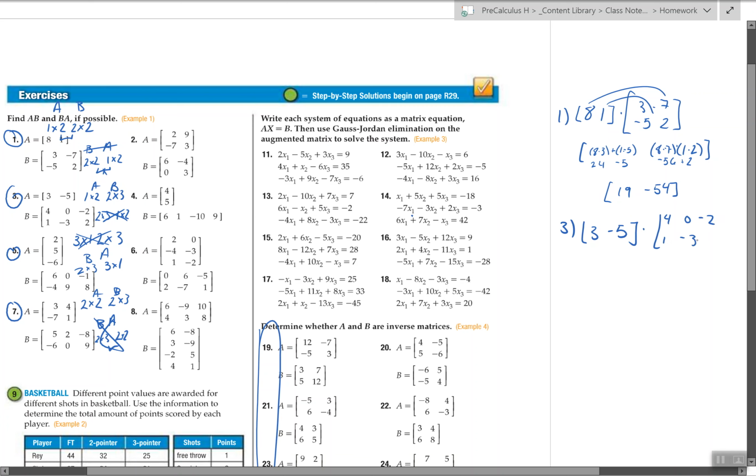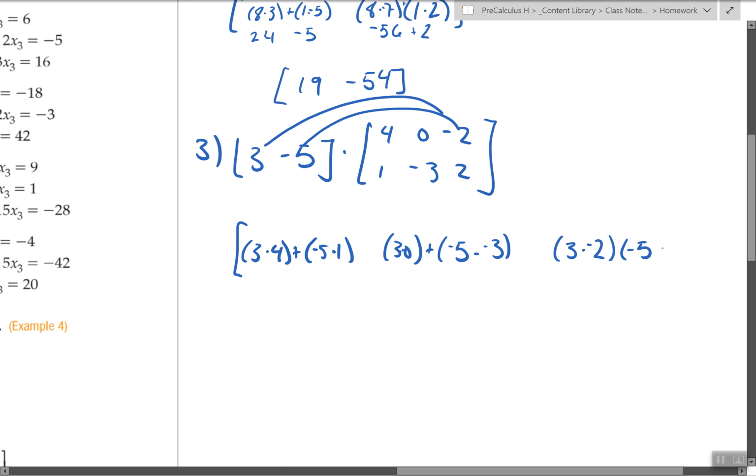And then we go first row, second column. So 3 goes to 0, and negative 5 goes to negative 3. And finally we go last row, last column. So we have 3 times negative 2 and negative 5 times 2.